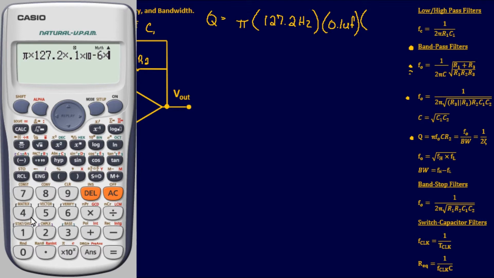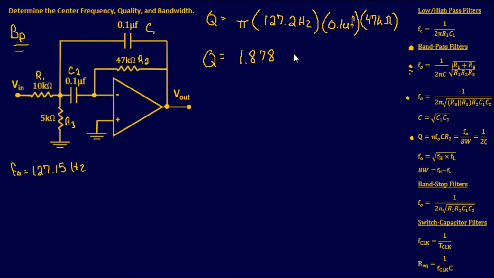R2 is our feedback resistor, which is 47 kiloohms. That's just a simple plug and chug as well. If I plug that in our calculator, it gives me an answer of 1.878. Quality is also unitless, hence there's no suffix at the end. So that's just plug and chugging and finding our quality: 1.878.